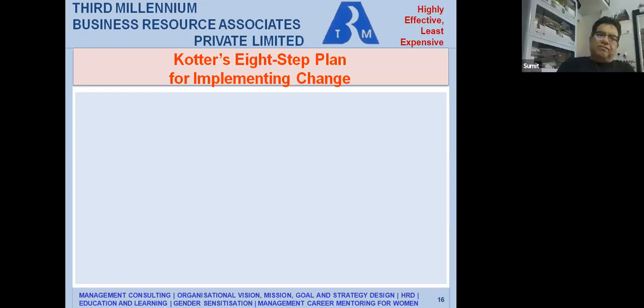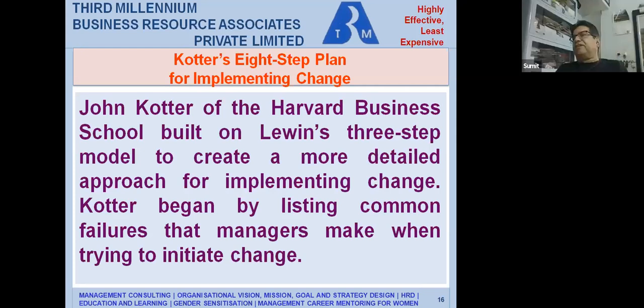This is what Kotter did. So the first step I have already explained. He built on Lewin's 3-step model to create a more detailed approach for implementing change.